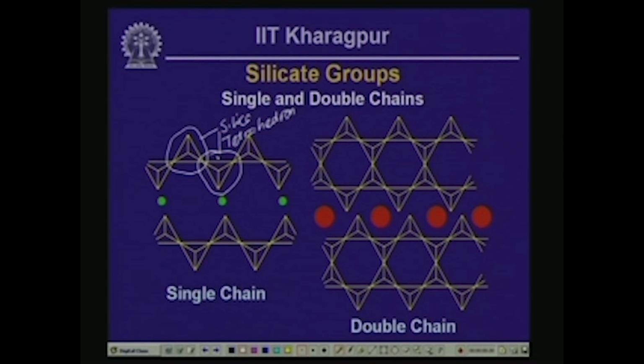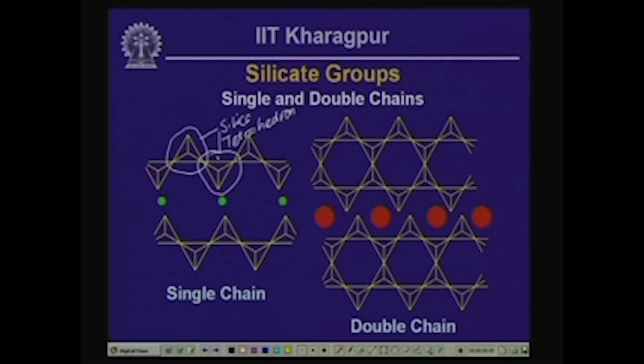So, what happens here is that for each silica tetrahedron, 2 oxygen ions are shared with other tetrahedra.